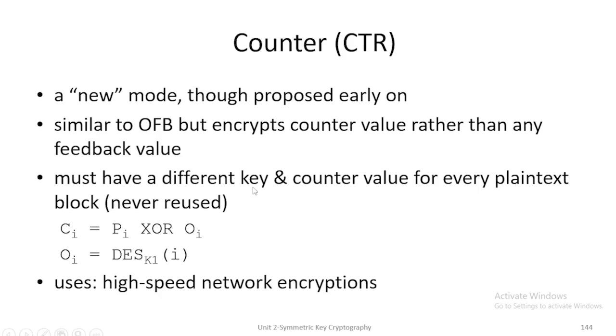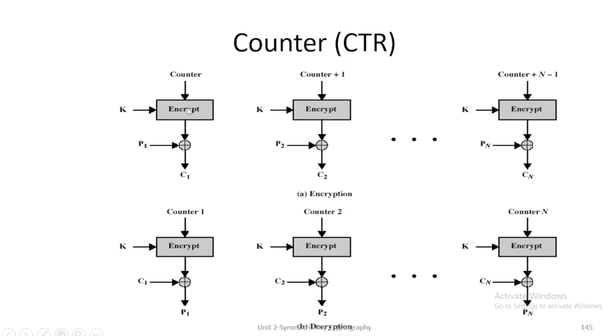And the fifth method is the counter method. It is a new mode of operation. It is similar to output feedback mode, but instead of encrypting an initial value or encrypting plaintext, in the counter method we are encrypting a counter value. The counter is a value which is used for encryption, and that output is XORed with the given plaintext value.